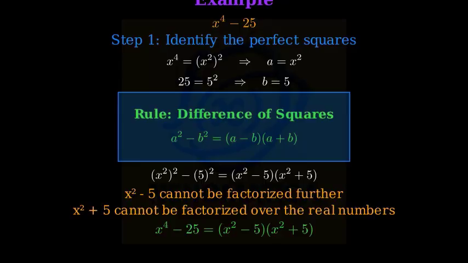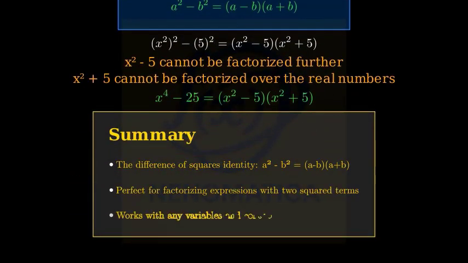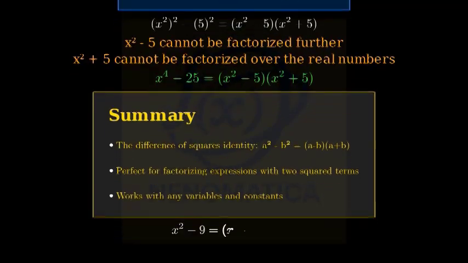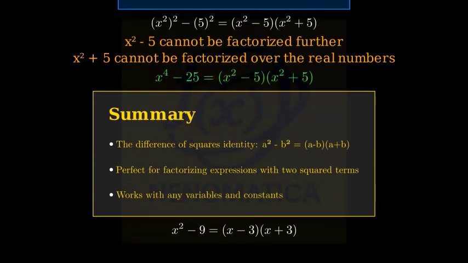Let's summarize what we've learned about the difference of squares identity. The difference of squares identity states that a squared minus b squared equals a minus b times a plus b. This is a powerful factorization technique that helps us simplify expressions. We've seen 3 examples. First, x squared minus 9, which factorizes to x minus 3 times x plus 3.